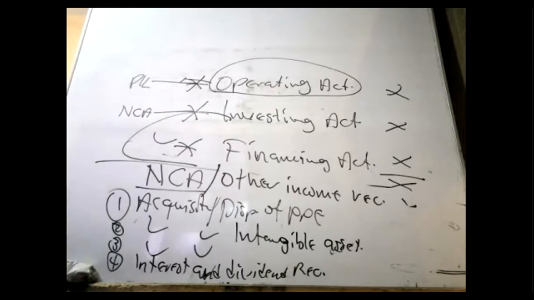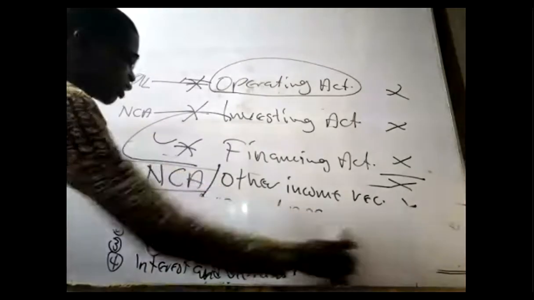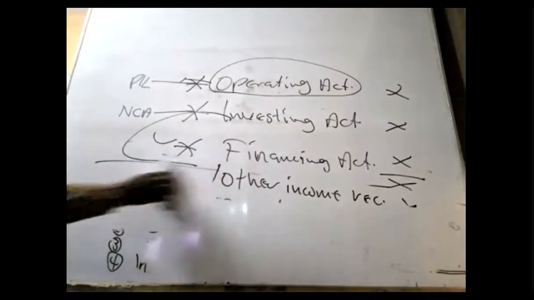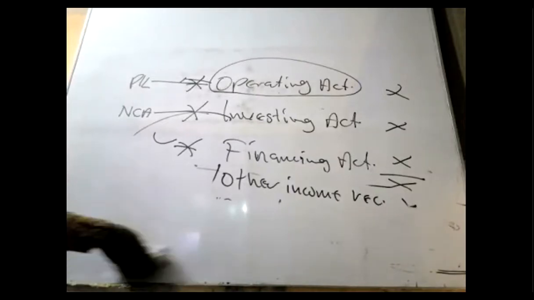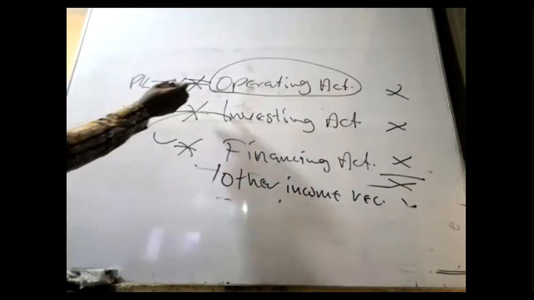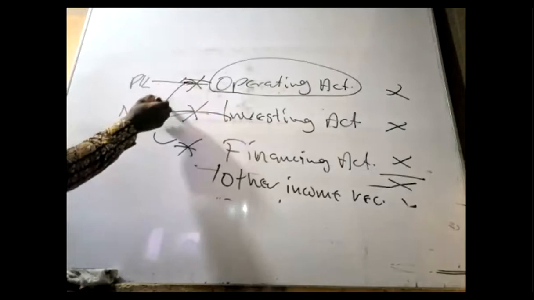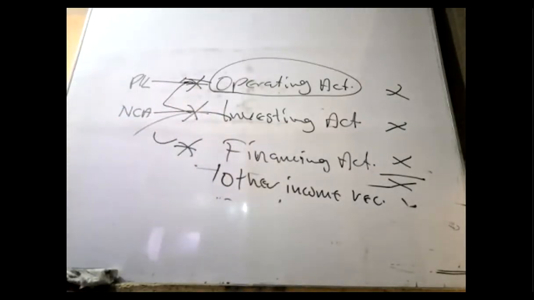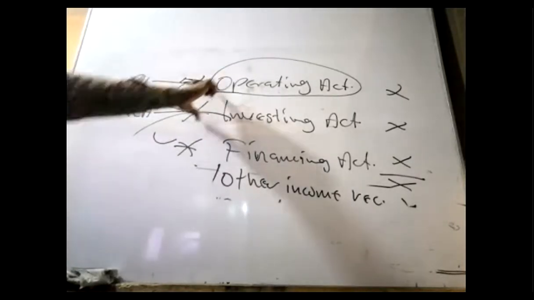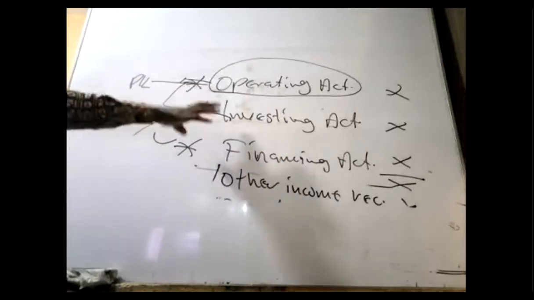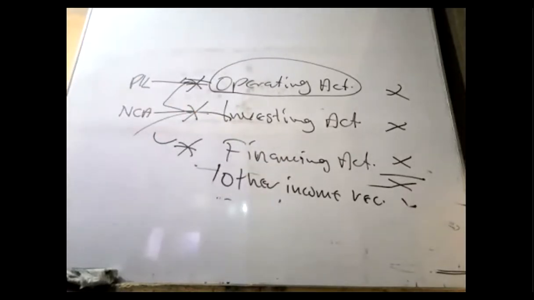Let's go to financing. Now, when you go to financing activity, that one talks about how the entity generates enough cash to finance the operating and investing activities. That is all. The entity strategy or the ability to generate enough finance or enough funds to support the core and any opportunity that will come their way.